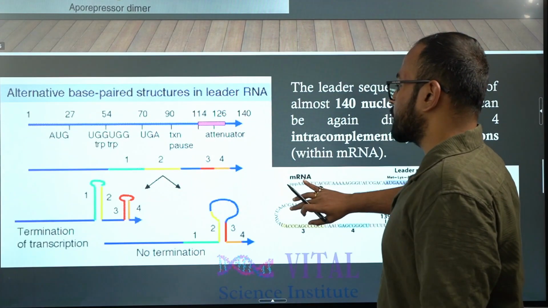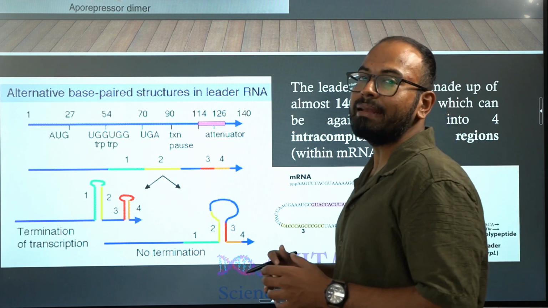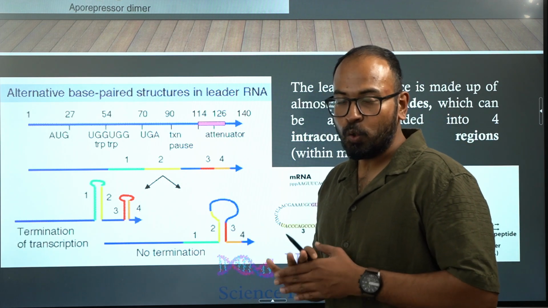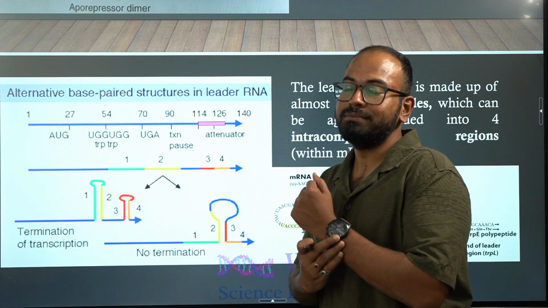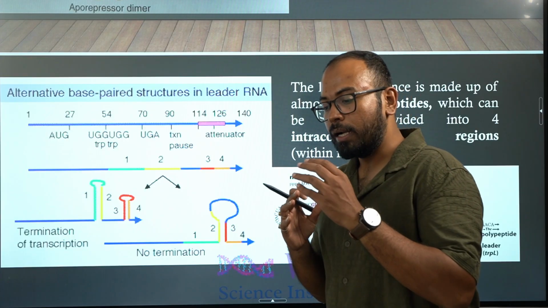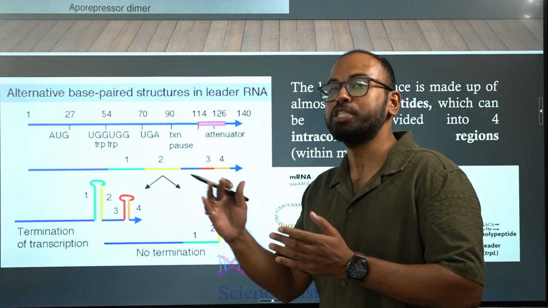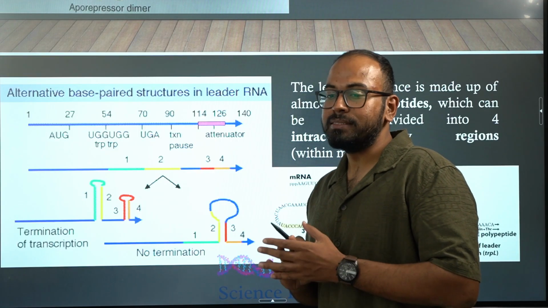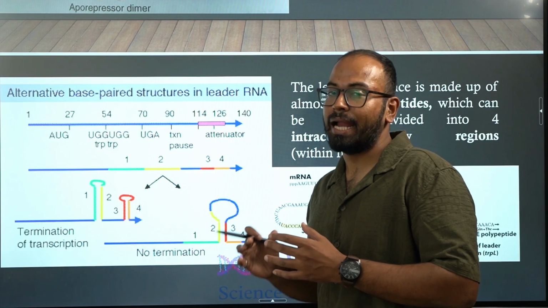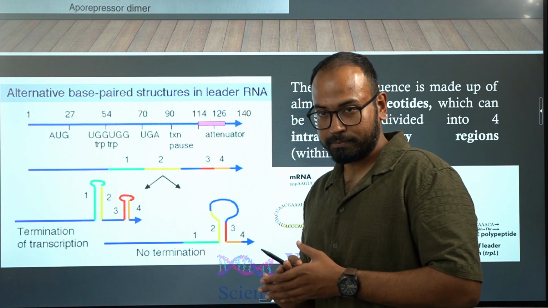The question is, how is this overall mechanism being regulated? We will discuss this regulation in 2 steps, at the transcriptional level and at the translational level. That means involvement of the ribosome and involvement of RNA polymerase.